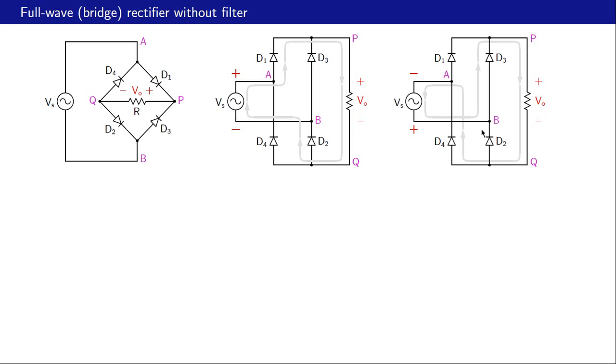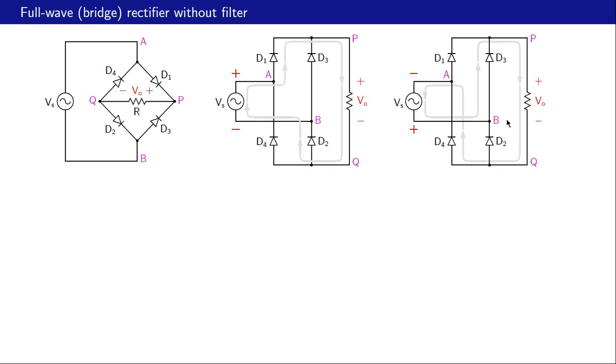Now node B is at a higher voltage compared to node A, and the conduction path is through D3, then through the load resistor, and through D4. And in both of these cases, note that the current is downward here as well as here, and therefore Vo is always positive, and that's why it's a rectifier.